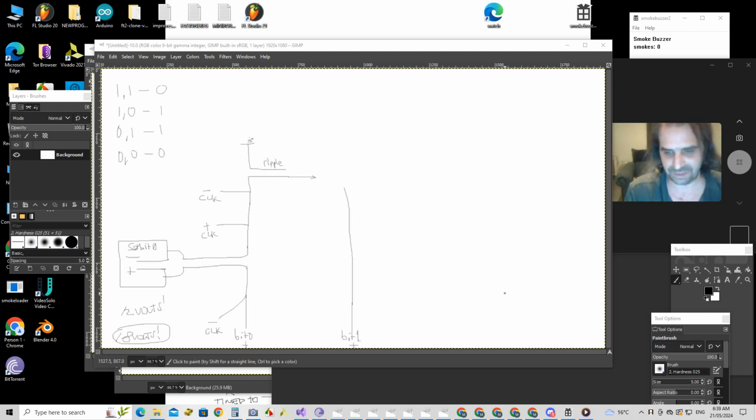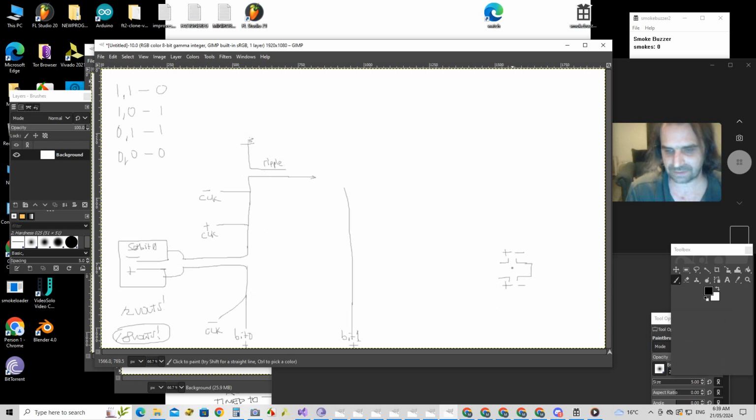So here's the gate. I've got 2 batteries going into a resistor. Now, that resistor matters in that I've made the signal quieter. But are these constant current?